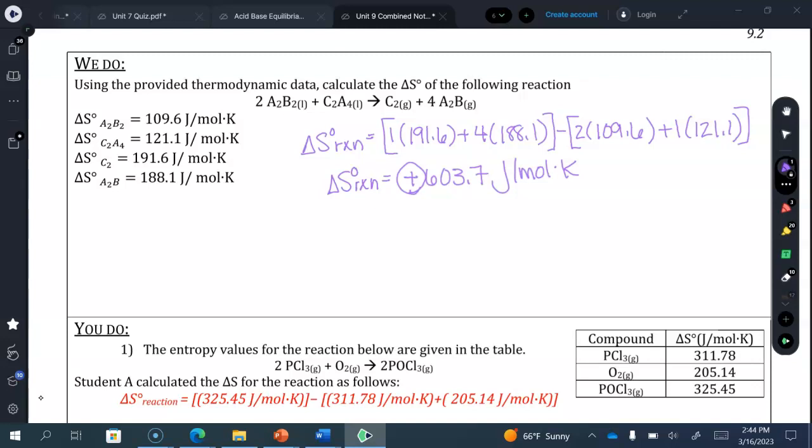It's positive, so this is a spontaneous process, unlike the other one. Including the positive sign helps me remember that this is a spontaneous process. So this concludes our notes.